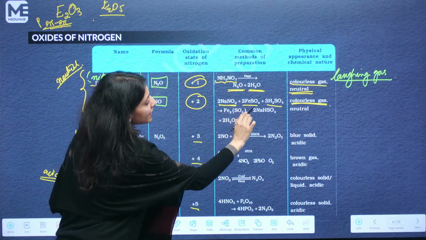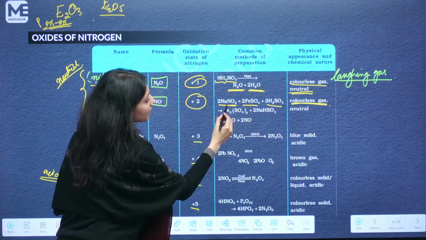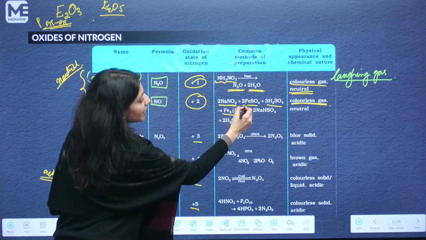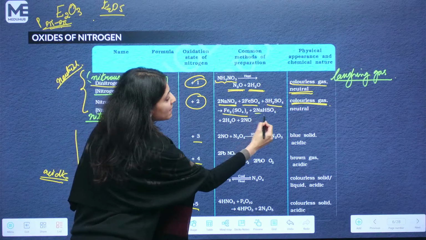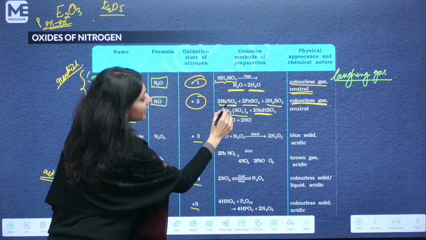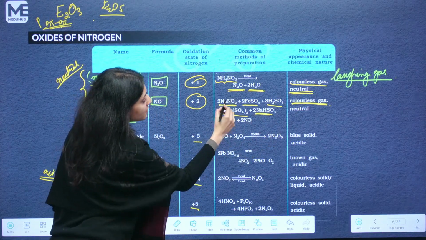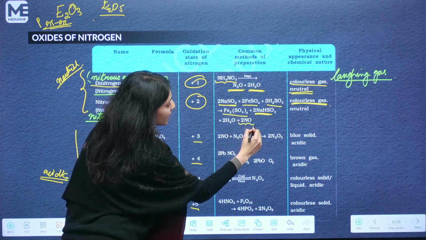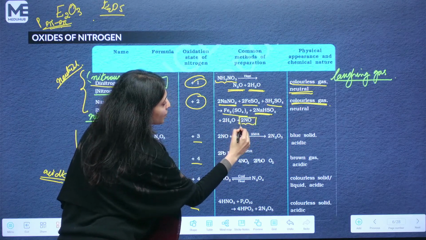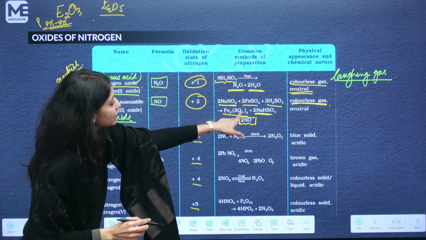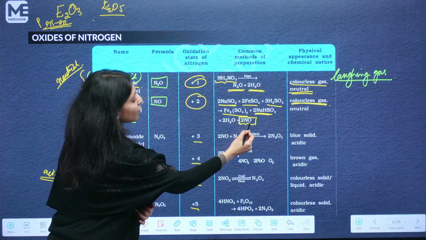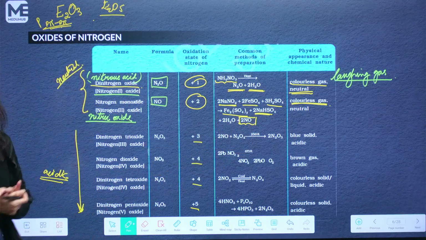So we get ferric sulfate, Fe2+ gets oxidized to Fe3+. We get sodium hydrogen sulfate, and NO2- here is becoming NO. So iron is getting oxidized and nitrogen is getting reduced. So we get the formation of NO, that is nitric oxide.